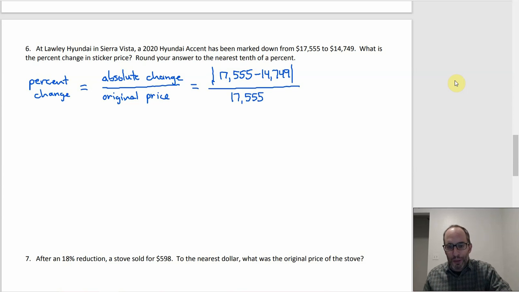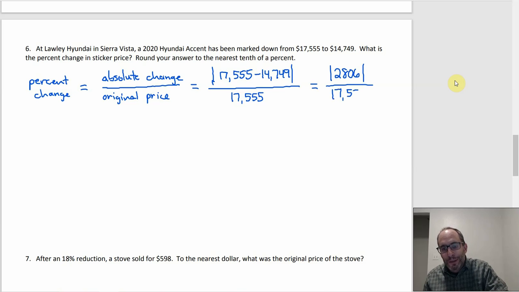So the thing that's in the numerator, if you subtract here, you're going to get a positive number anyway. So you get the absolute value of 2806. So then the absolute value symbol looks kind of redundant since you're taking the absolute value of a positive number, right? So then you kind of end up where you started.